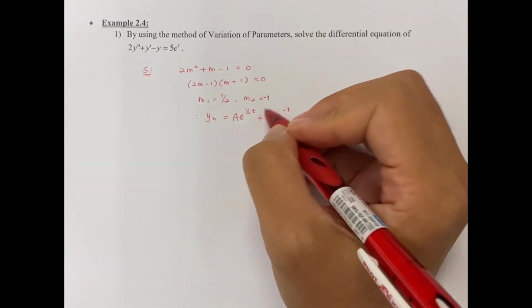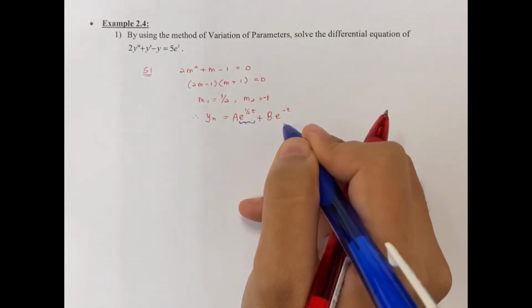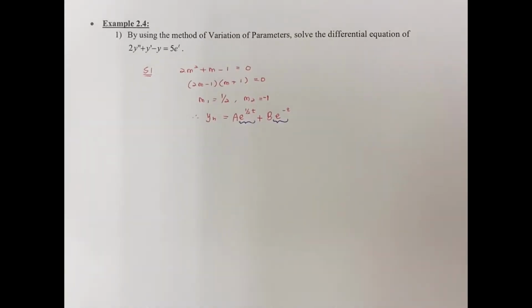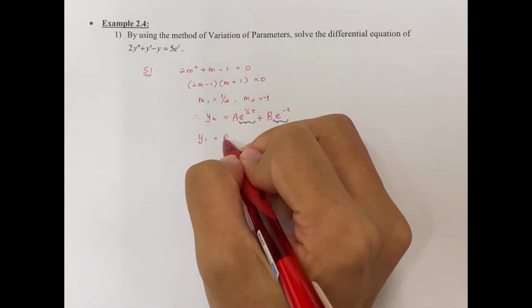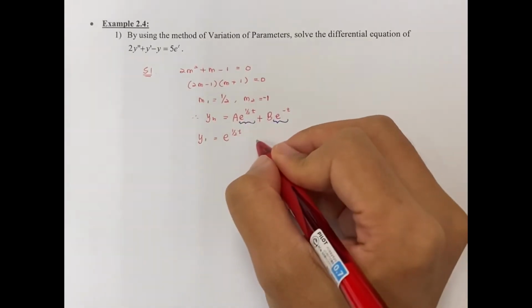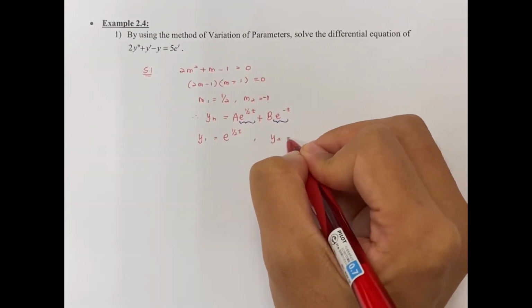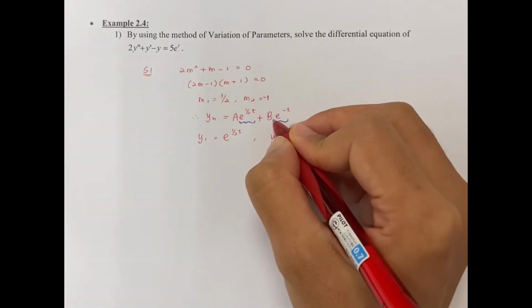From yh, this is your y1 and this is your y2. So y1 is basically e to the half t without the constant, and y2 is equal to e to the negative t without the constant B.